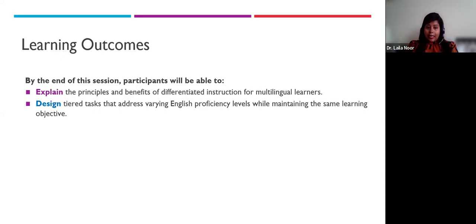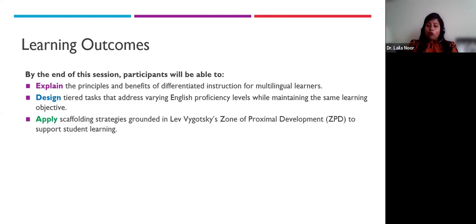They will also be able to design several strategies, such as tiered tasks, to address various types of English proficiency levels, while maintaining the same learning objective in the classroom. The teachers will also be able to apply several types of scaffolded support based on Vygotsky's zone of proximal development to support the learners based on their specific needs.